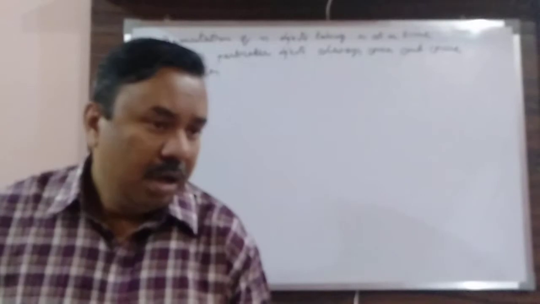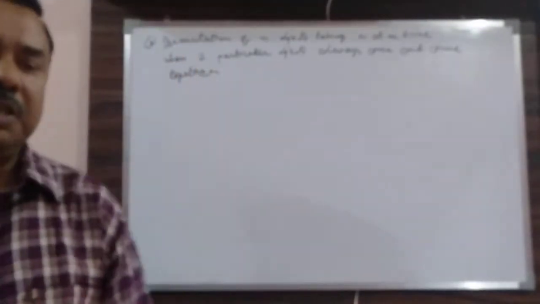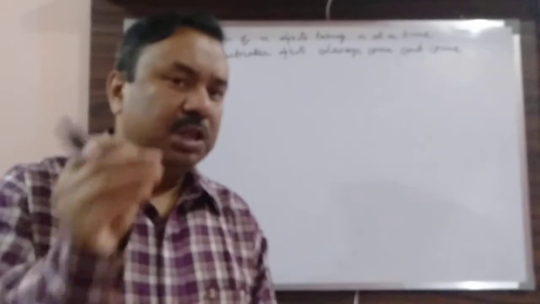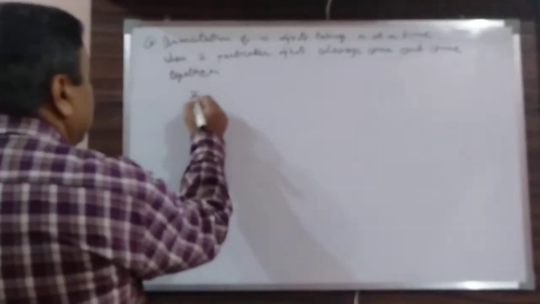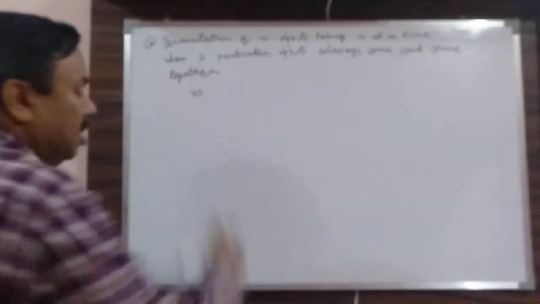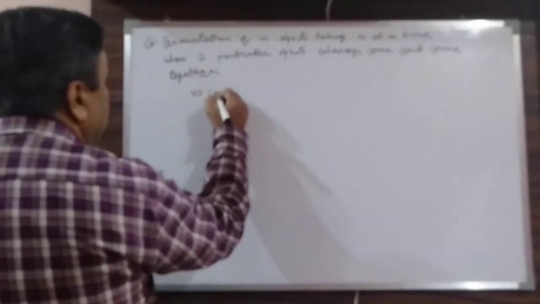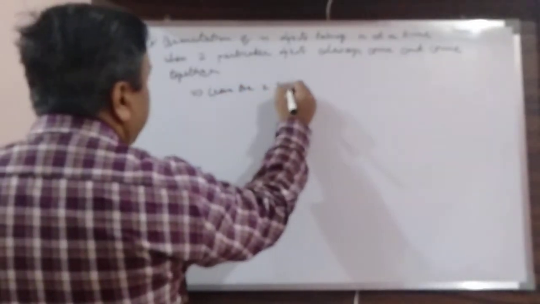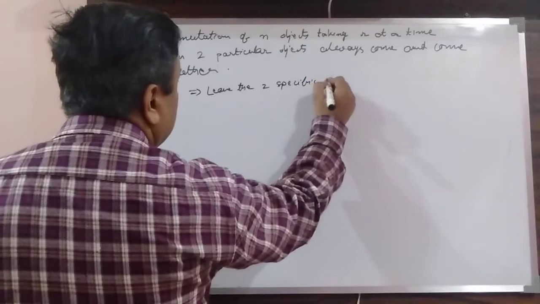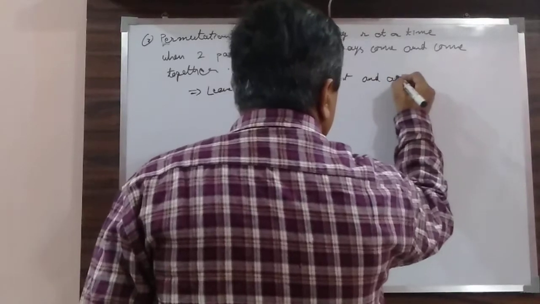If I assume these two objects as one, and this one object is placed again, the first step I will do is to leave the two specific objects and arrange the rest.